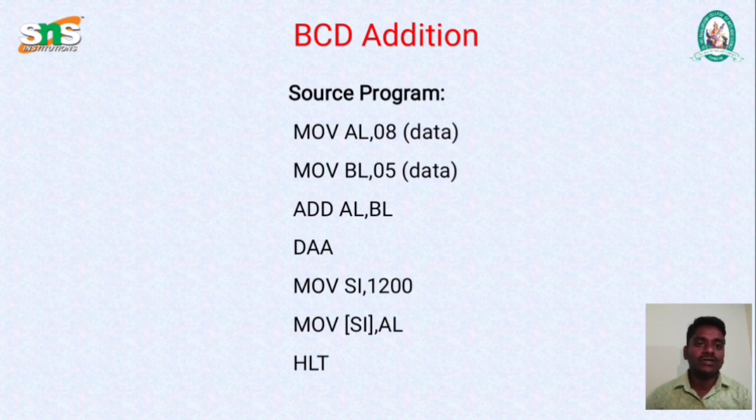So we have to convert hexadecimal into decimal, and 13 will come. Next step, MOV SI, 1200. This is the output address. Then MOV [SI], AL, so the AL register data is moved to the memory location pointed by SI. Then finally HLT, end of the program. This is the whole source program for BCD addition in microprocessor 8086.